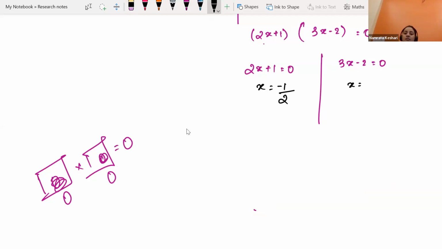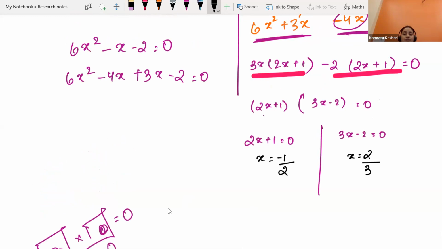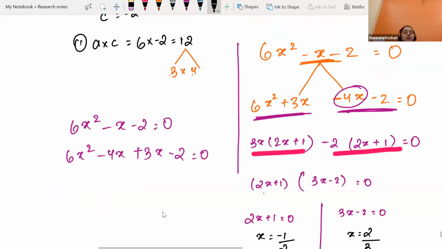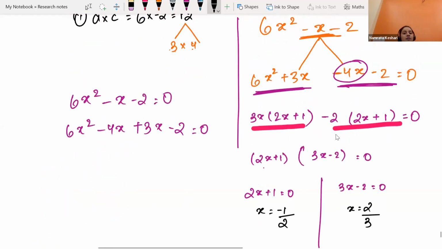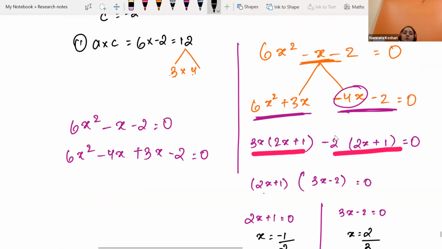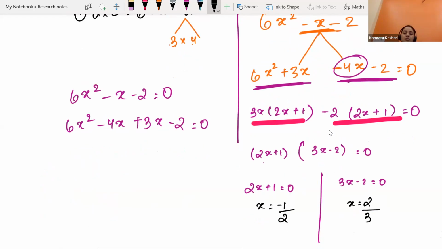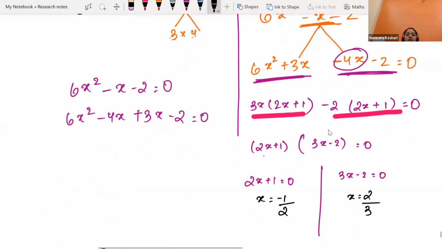The other one will be plus 2 by 3. So this is how we ended up getting the roots of the given quadratic equation. We will also call it the solution of the given quadratic equation, or the roots of the given quadratic equation. Okay, let's do a few more questions.